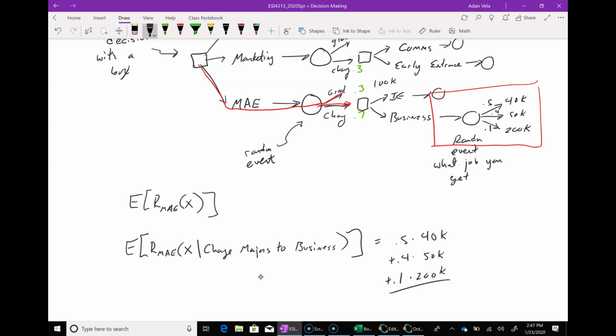So we can still do a decision tree for multi-stage decision making, but it becomes harder, next to impossible, to calculate the decisions or the expected reward in the first stage. We can't really do that.